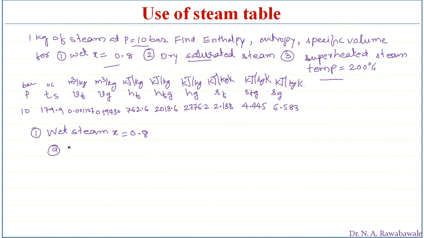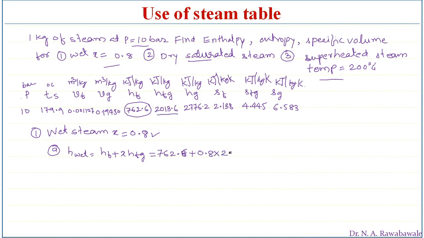The enthalpy of wet steam is Hf plus X Hfg. Hf value is 762.6, plus dryness fraction X is 0.8, given in the problem, times Hfg value 2013.6.